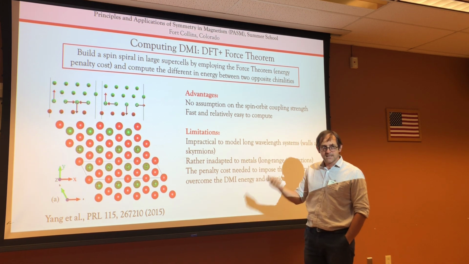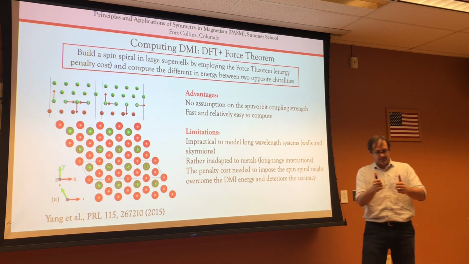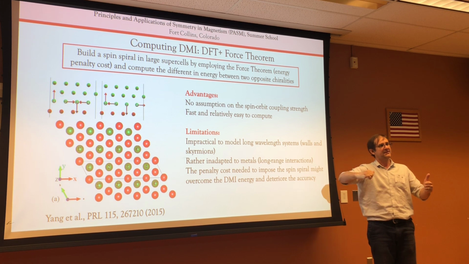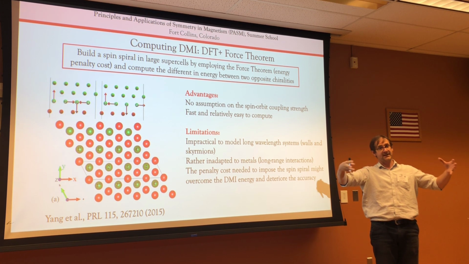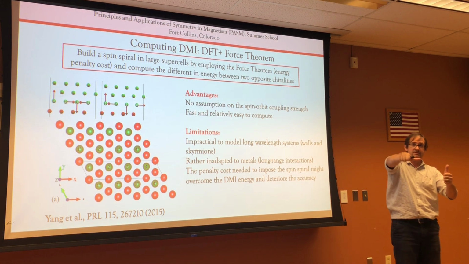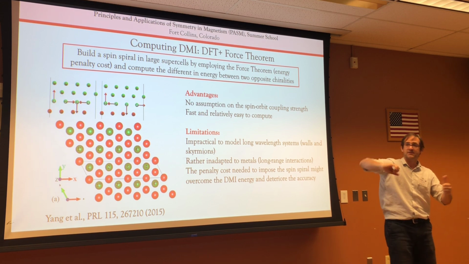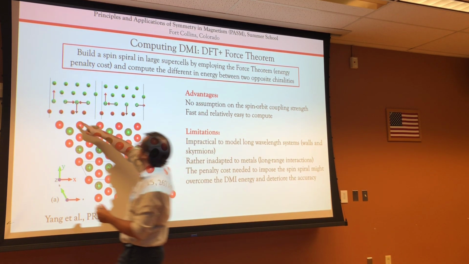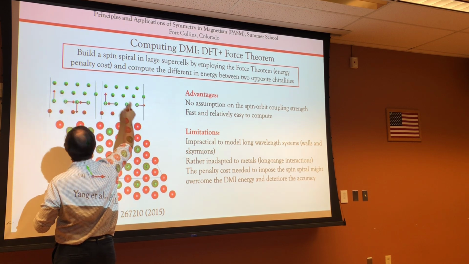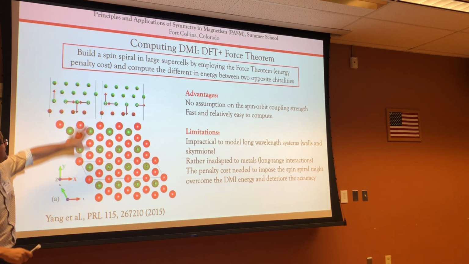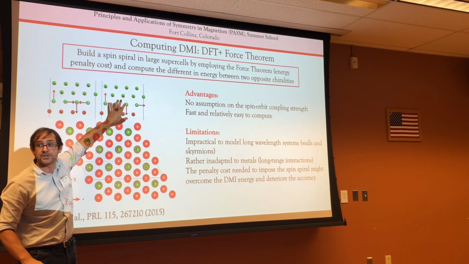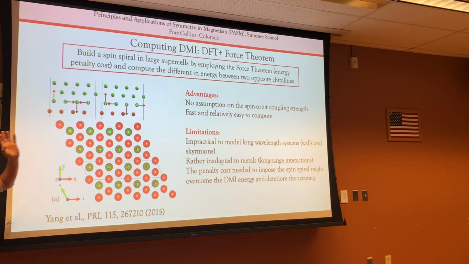What they did is that they created a spin spiral in real space. They take a supercell and impose the magnetic moment direction to rotate either clockwise or counterclockwise. Then they calculate this energy and take the difference, and they don't have the Dzyaloshinskii-Moriya yet because they only have an energy difference between the two chiralities.